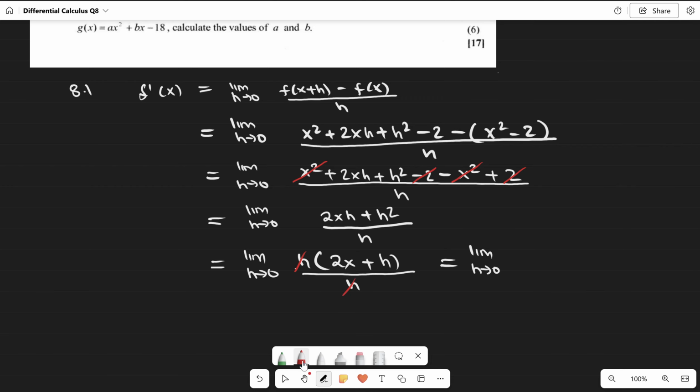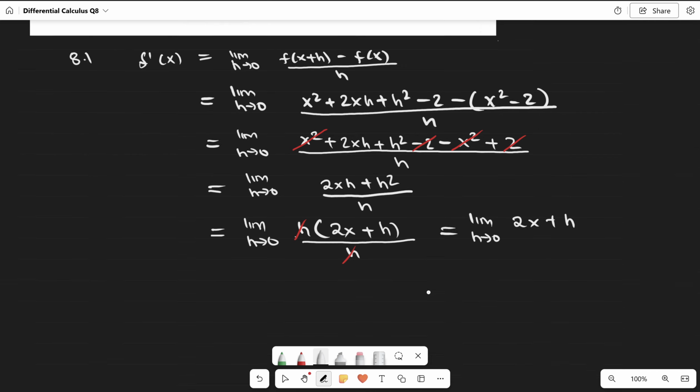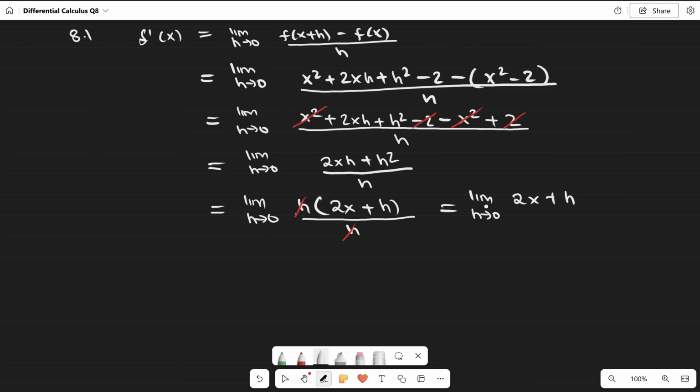In order for us to stop using this limit as h approaches 0, we substitute h with 0 into this expression. That would be 2x plus 0, which is equal to just 2x. So this is our derivative from first principles.